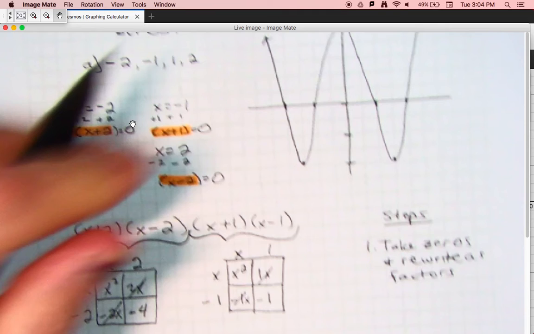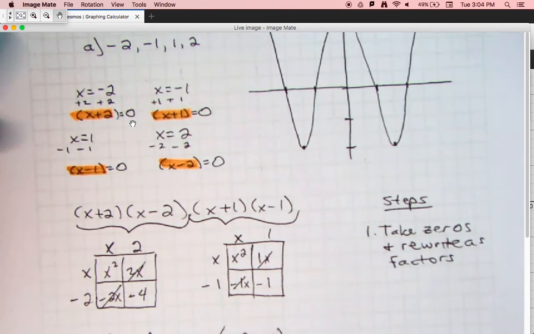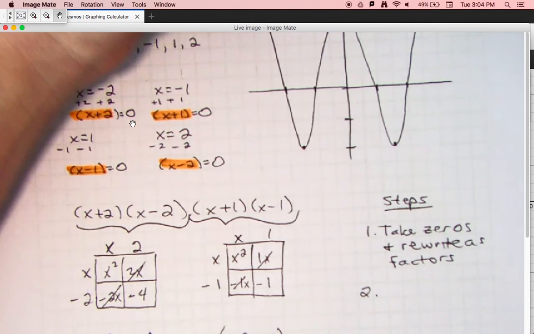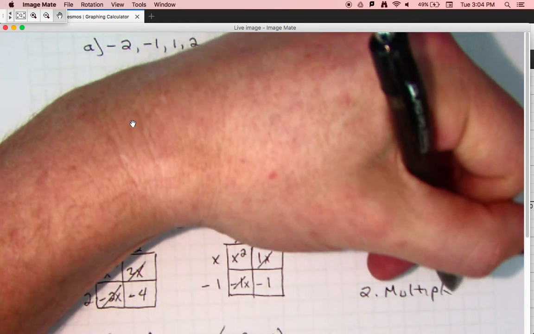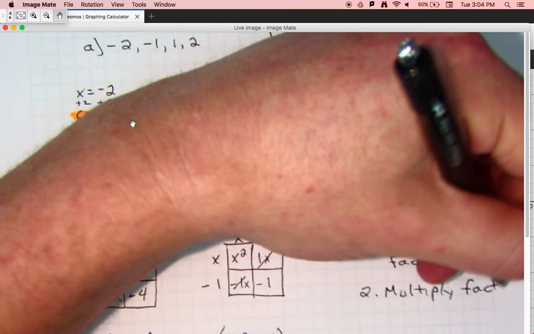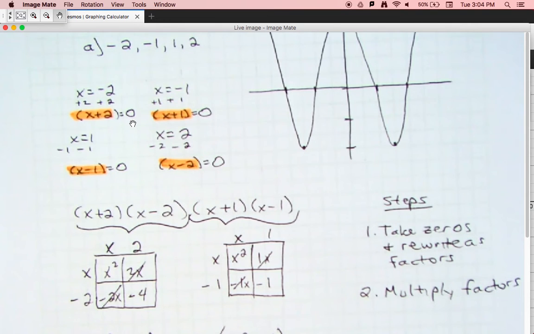Take zeros, rewrite as factors, and then my second step is to multiply the factors. Okay, so that's basically all we're doing today.